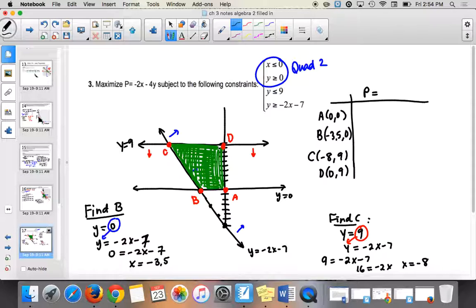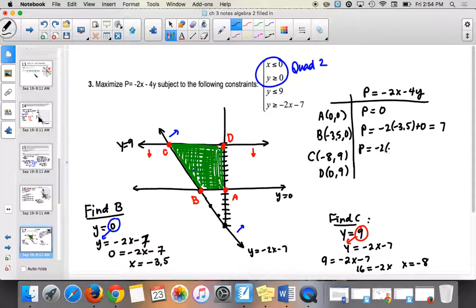And then we plug into the profit equation. We had negative 2x minus 4y. That's never good when your business has negative numbers for profit. Maybe you're just volunteering. It's a not-for-profit. You're losing money. I don't know. All right, so for B we get negative 2 times negative 3.5, and then plus 0, so 7.